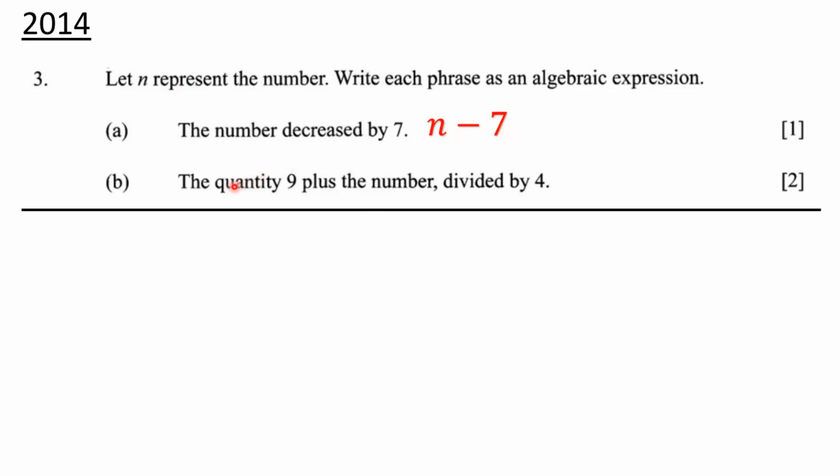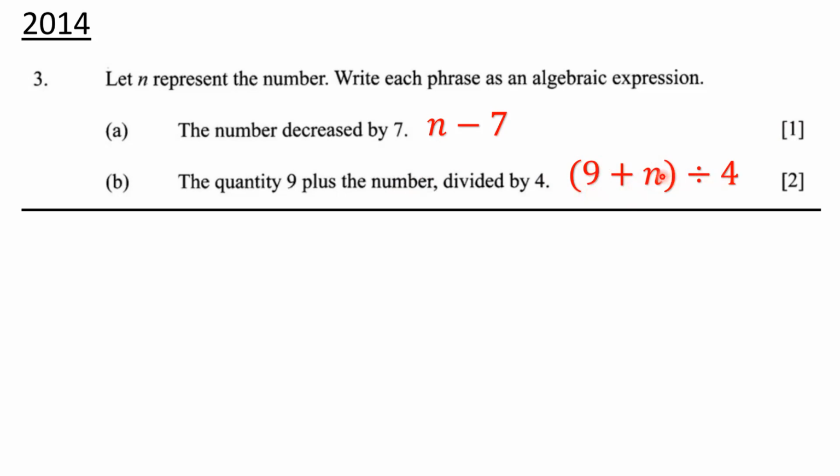This one is interesting. It says the quantity of 9 plus the number, divided by 4. So the quantity, 9 plus the number, notice that comma. So the quantity, that grouping, this grouping, 9 plus the number, right? That thing in brackets. The quantity, 9 plus the number, divided by 4.